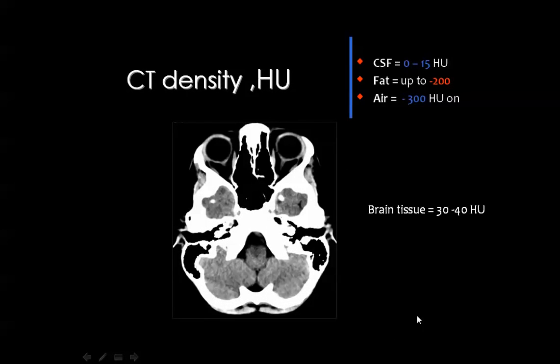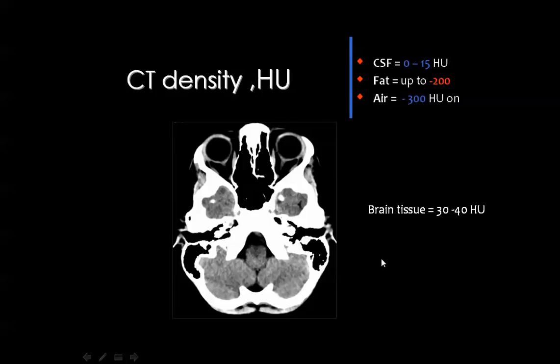Then why are some of the lesions hypodense, others hyperdense, and some of the lesions isodense? That's because of what is known as the CT density or the CT attenuation value. And this means that certain tissues have a certain capacity for reflecting the X-ray beam.